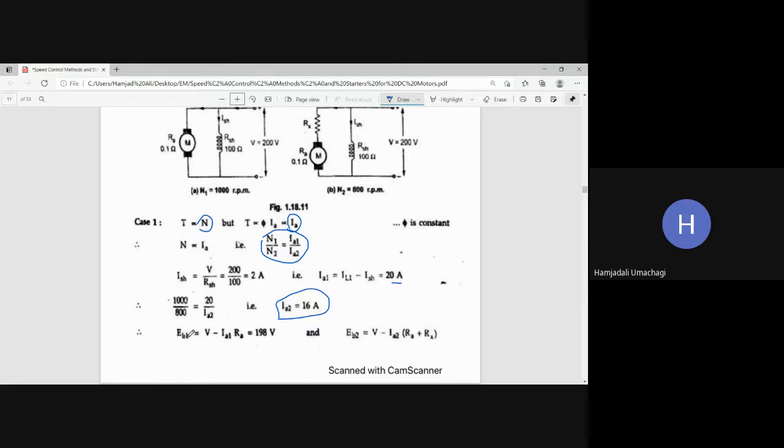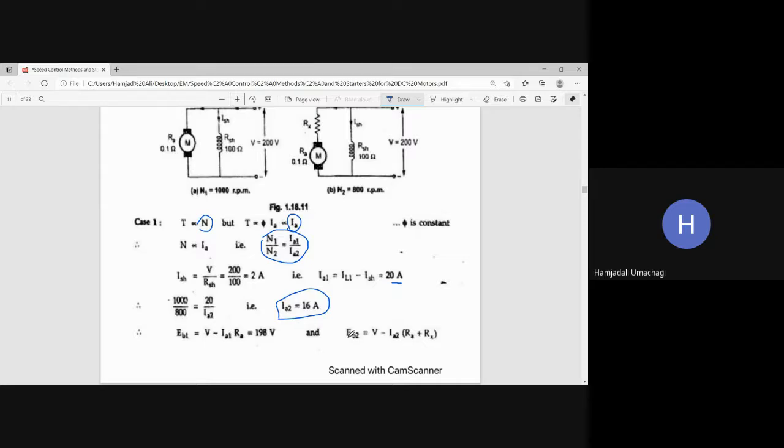And now EB1 is equal to V minus IA1 RA. Substituting all the values, V is 200, IA1 is 20, RA is 0.1, you will be getting EB1 as 198 volts.